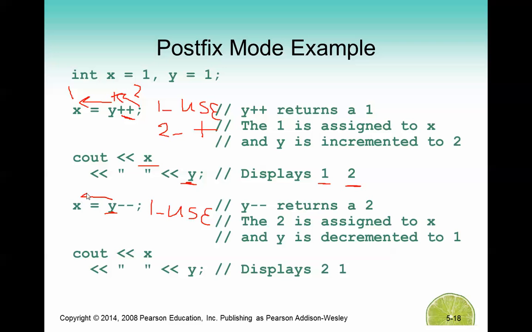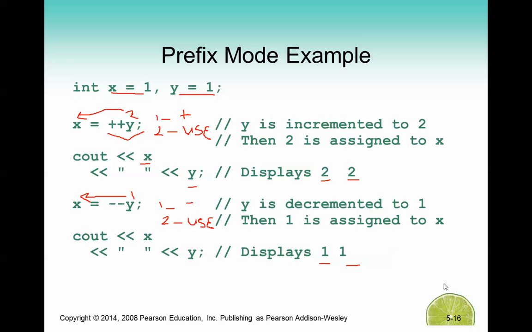So I move the 2 to the x, and then I decrement, and then I subtract. So 2 minus 1 is 1. So now I have a 1 here. So I'm going to display a 2, and then I'm going to display a 1, because that's the new value for y. Do I have a different result? Yes.